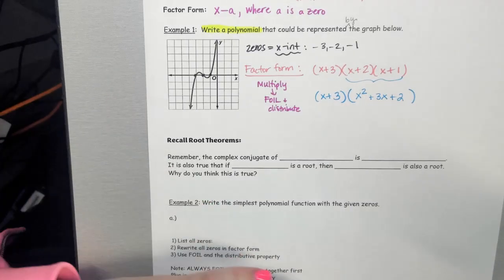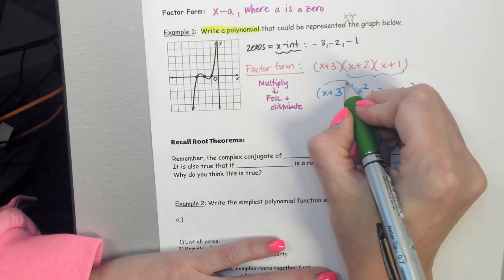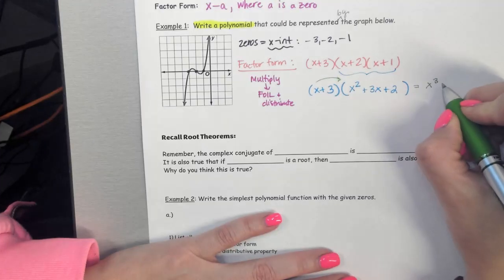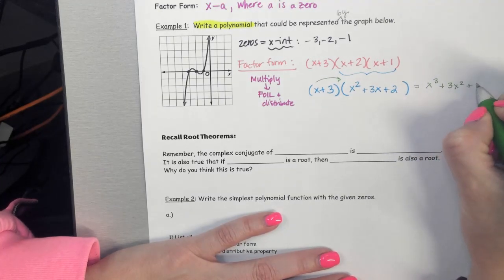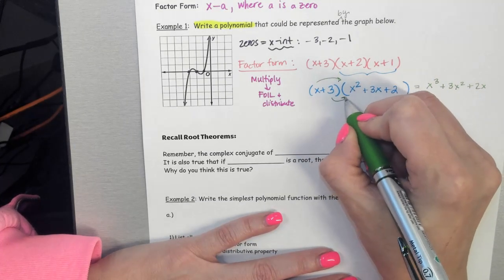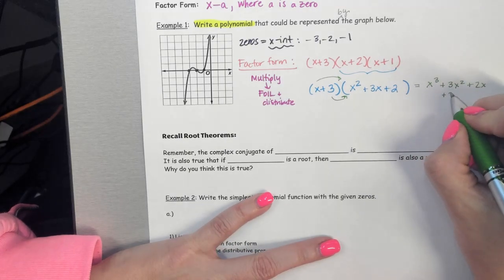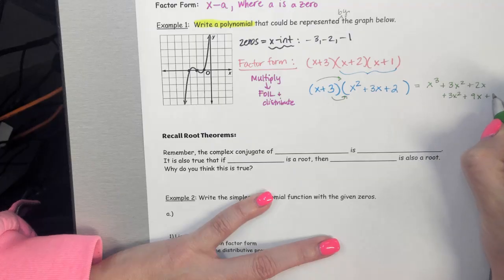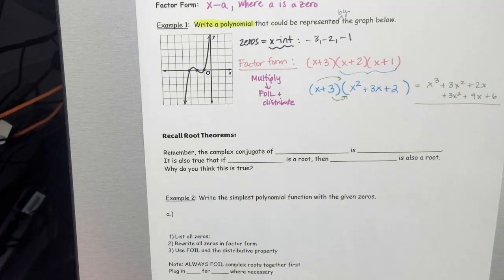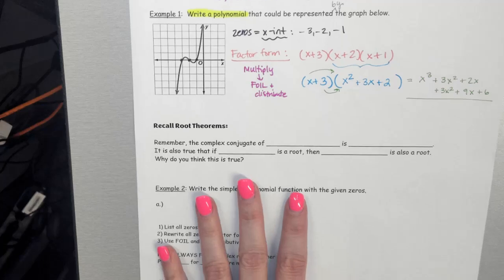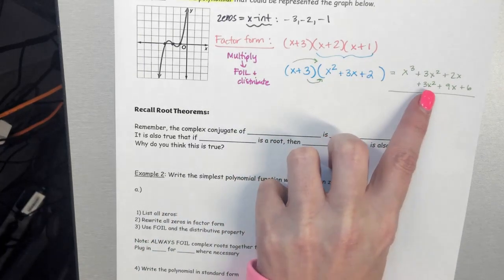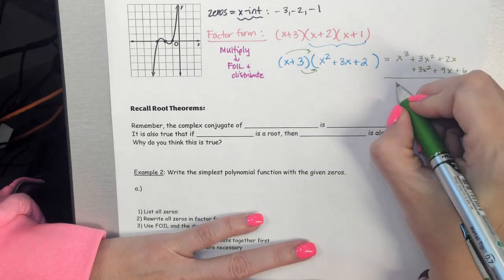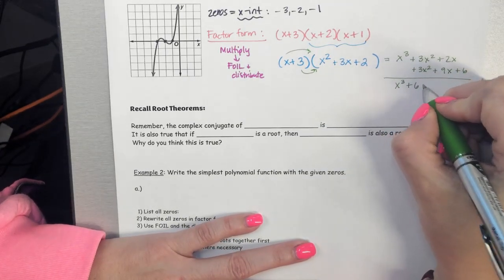Okay, and then this is just a skill we did earlier this year. So we distribute x to get x cubed plus 3x squared plus 2x. Then we're going to distribute the 3. I like to line those up so when I'm ready to add straight down, I already have my like terms. So you're going to distribute 3 to the trinomial, multiply every value by 3, and then we just add straight down to combine our like terms.